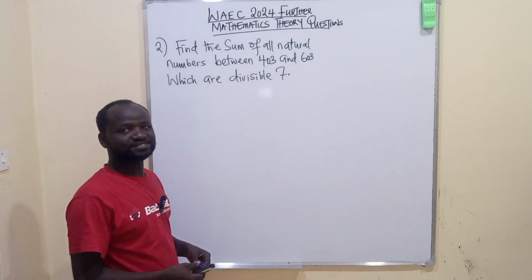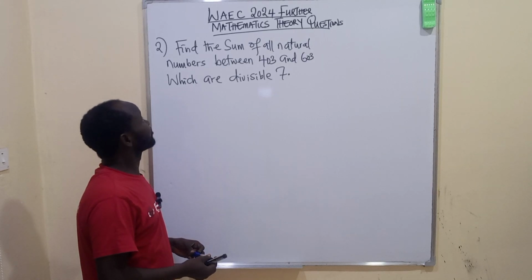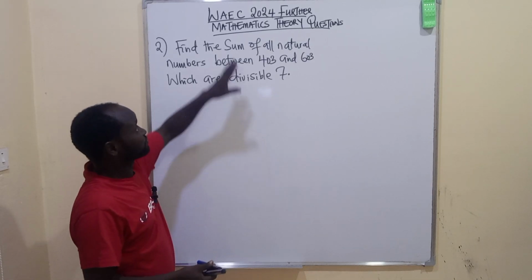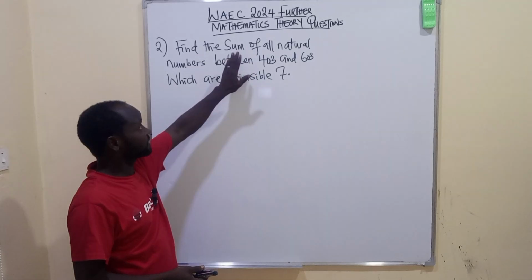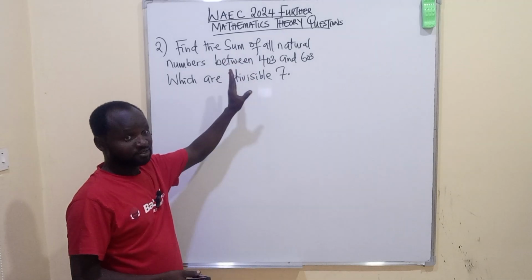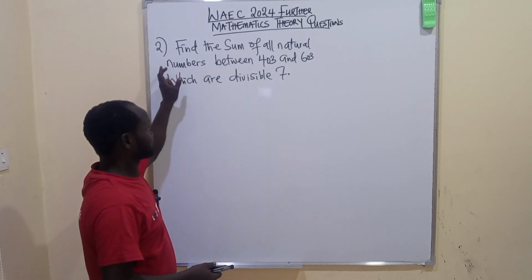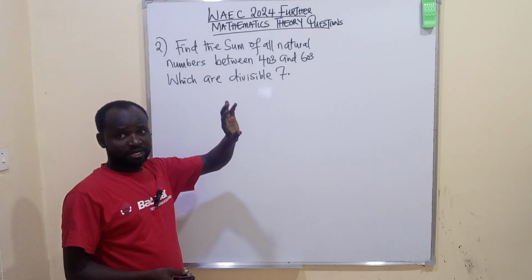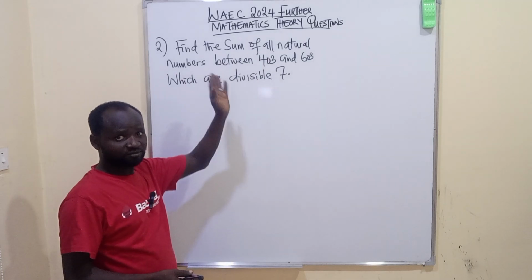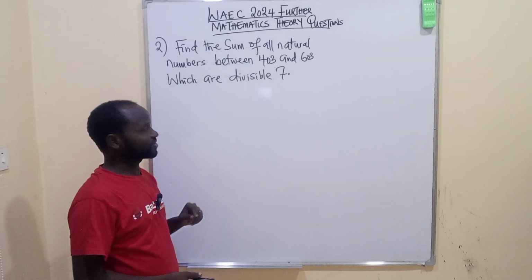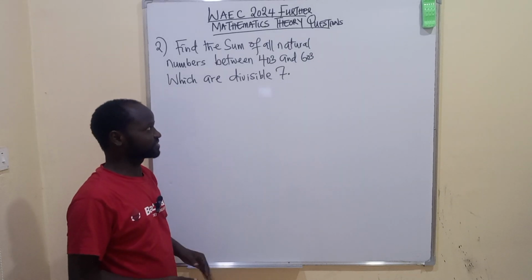In today's presentation, we continue with our solution to WAEC 2024 Further Mathematics, the theory question from the compulsory part. This is question 2. In my previous video, I've solved question 1. This is the compulsory part.